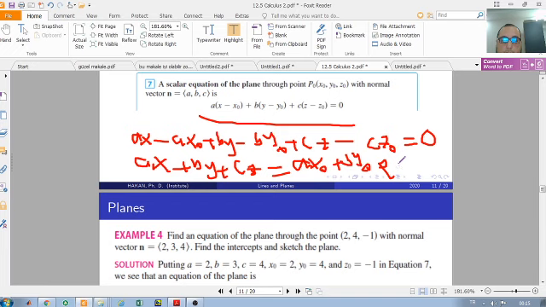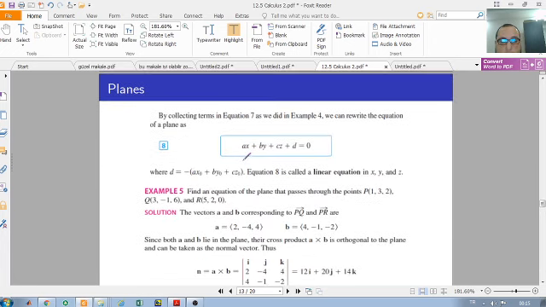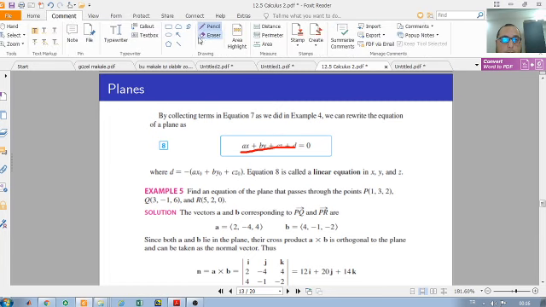They are numbers because we know them already. This one is called d. So we obtain ax plus by plus cz is equal to d, or if you take the negative, it is called a linear equation of the plane.